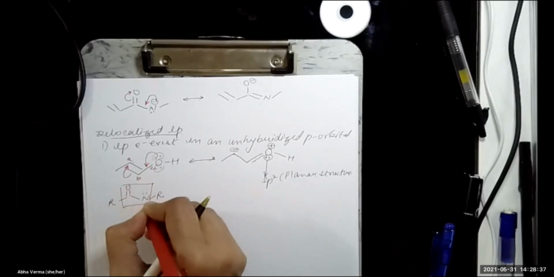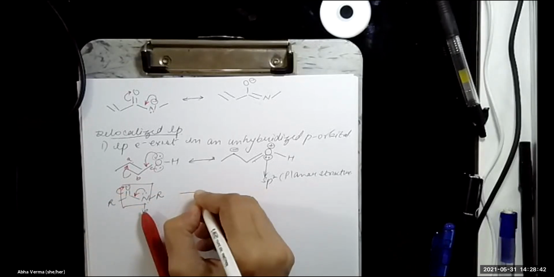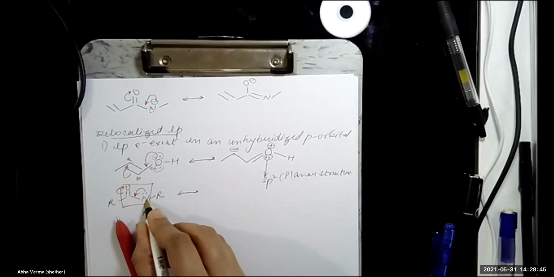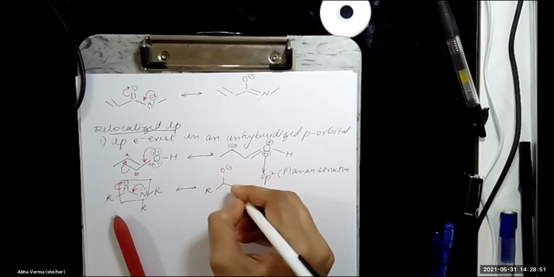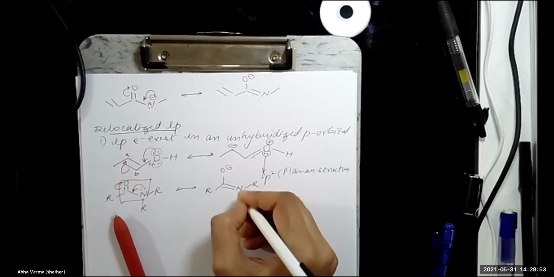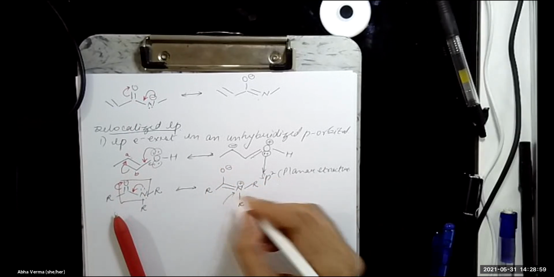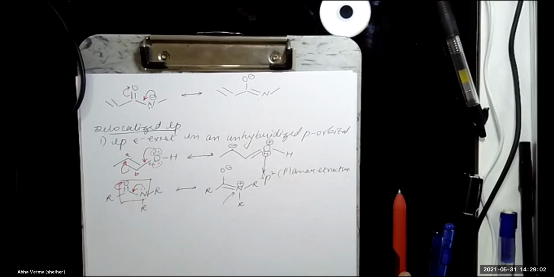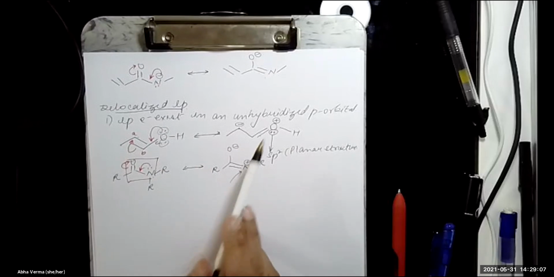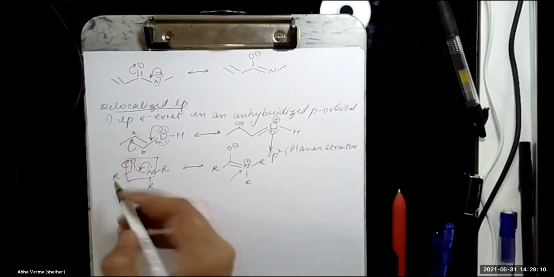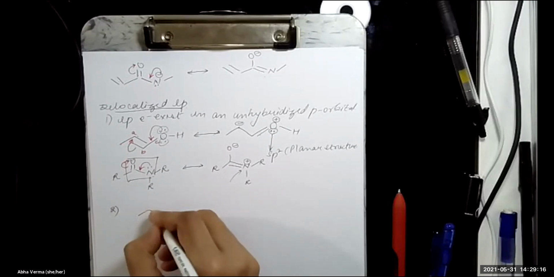So even though we know this system is an amide, eventually this sp3 hybridized orbital will become sp2 hybridized. So only sp3 orbitals will be able to delocalize, never from sp2.